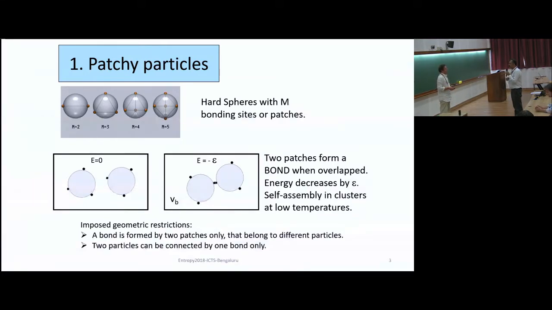In that case, is it clear that the same limit applies, or is it something different? Well, I guess yes, but I don't know. If you do it another way, where you just limit the number of bonds you can make and not the number of patches, my fair answer is I don't know. I suspect it's the same. The physics should be the same, but okay.